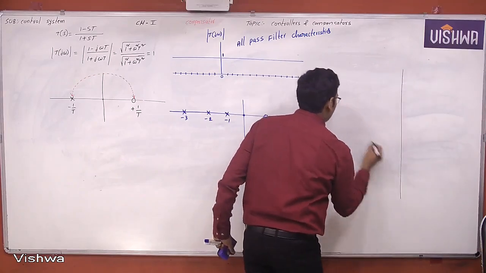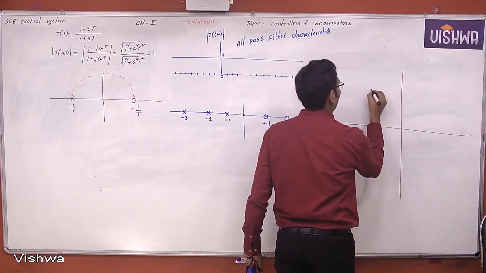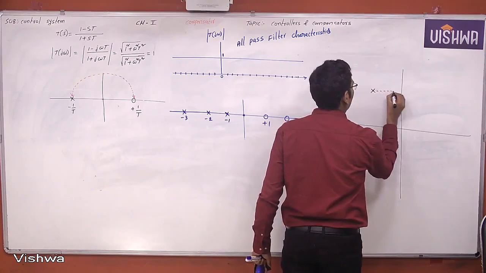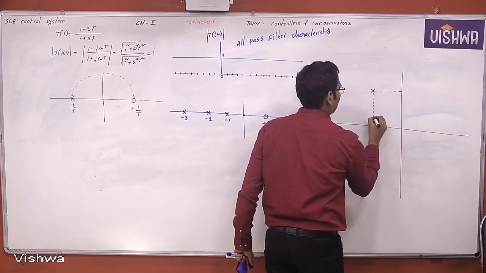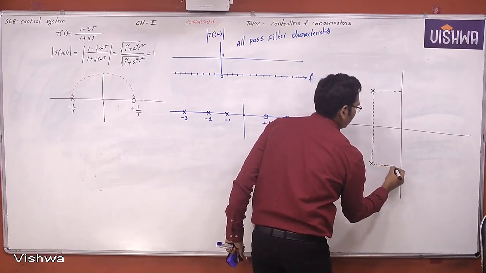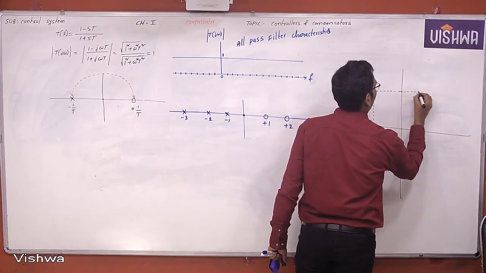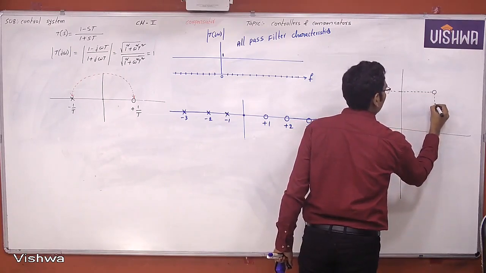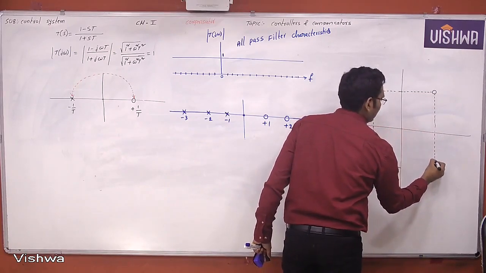Now there exist complex conjugate poles, then there exist complex conjugate zeros on the right hand side of S plane.